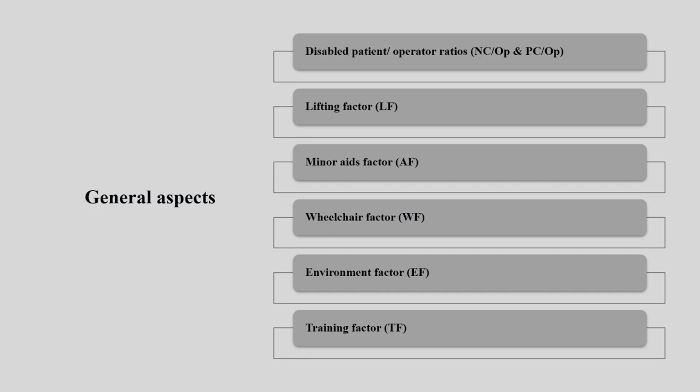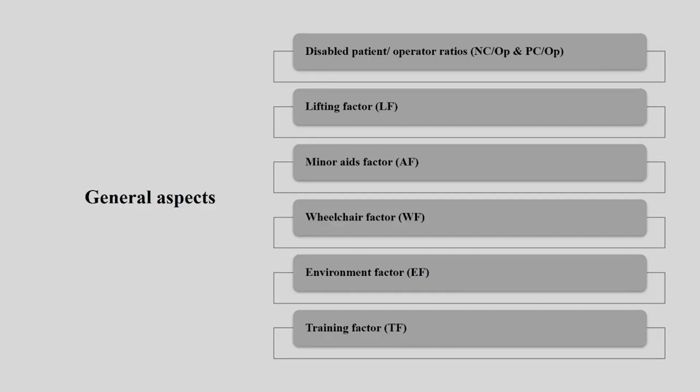Before we start any kind of investigation from the MAPO perspective, you need to categorize how many patients are there and what their category is. How many of them are non-cooperative, how many are partially cooperative. The second part is the lifting factor.